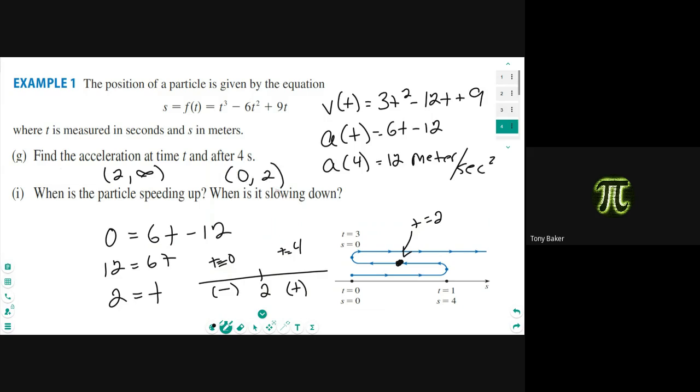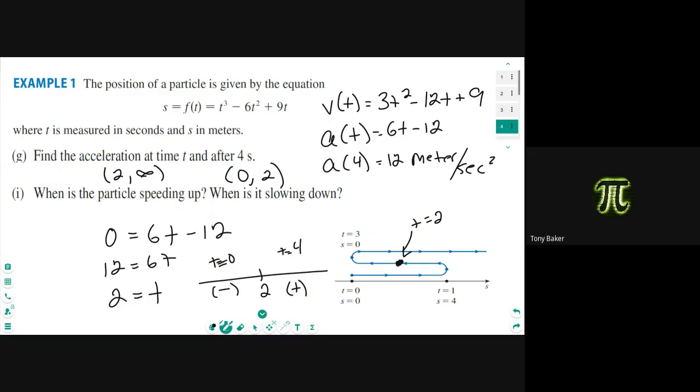You never go to a negative number when you're making these intervals? You wouldn't, because in this case, time can't be negative. Unless they specifically tell you that time is going to be negative, assume time cannot be negative. That's why I was kind of hesitant in plugging in 0 before, because technically that's where you were starting. And remember, we can't find derivatives or limits at an endpoint because you're not approaching it from both directions.